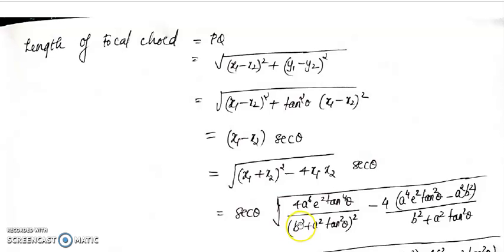So you will get sec theta into the square root of x1 plus x2 whole square, which is 4a raised to 6 e square tan raised to 4 theta by b square plus a square tan square theta whole square, minus 4 x1 x2, that will be a raised to 4 e square tan square theta minus a square b square by b square plus a square tan square theta.